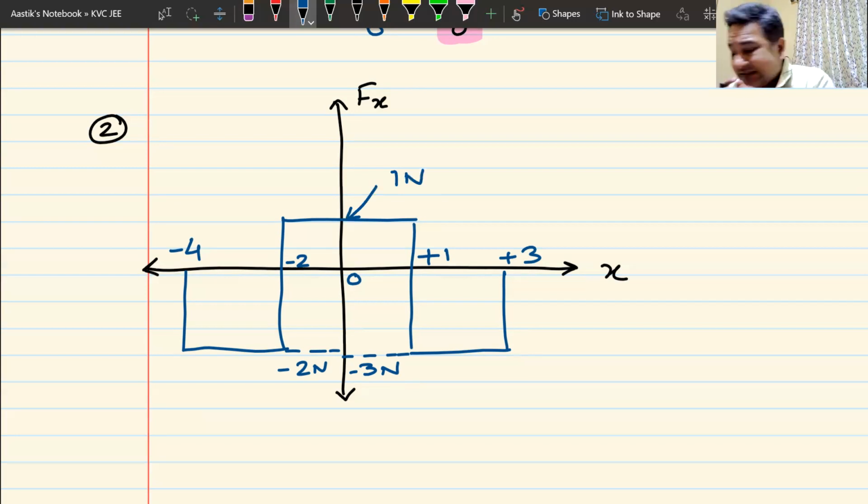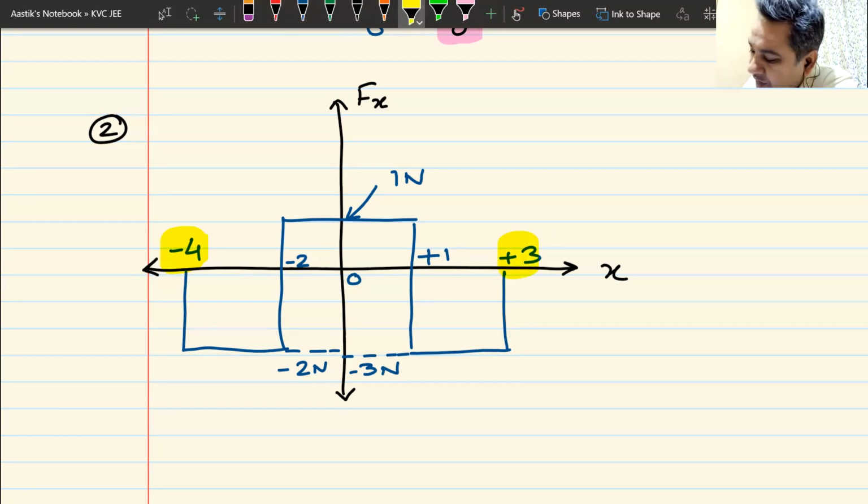Now this force is displacing this particle from the coordinate, as you can see, -4 to +3. This force has displaced this particle from -4 to +3 along x. Force is also along x. Can you find the work done by this force? Your time starts now.